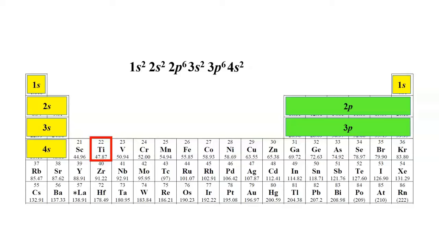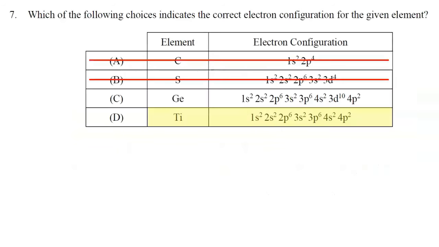And then that middle section, the one I've already mentioned before, it's going to be not 4d, but rather 3d. So we're going 3d2, and that will get us to the element titanium on the periodic table. So 4s2 and then 3d2. Now, considering that choice D has 4s2 and 4p2, not 3d2, but rather 4p2, that's incorrect.